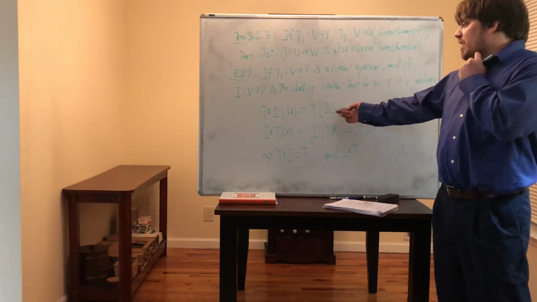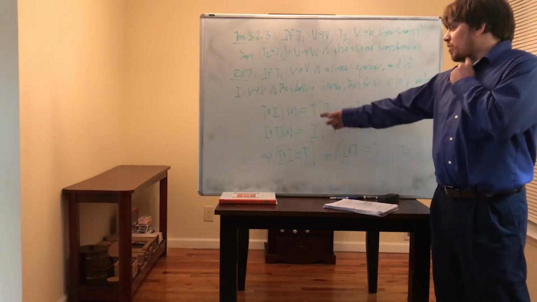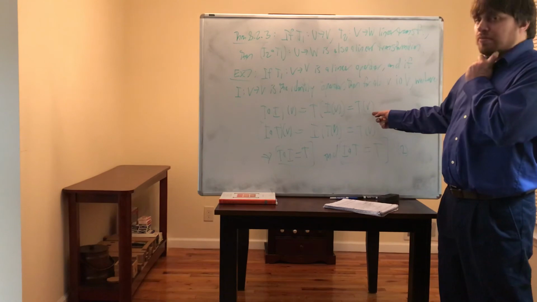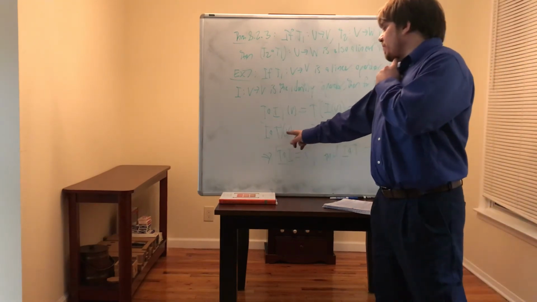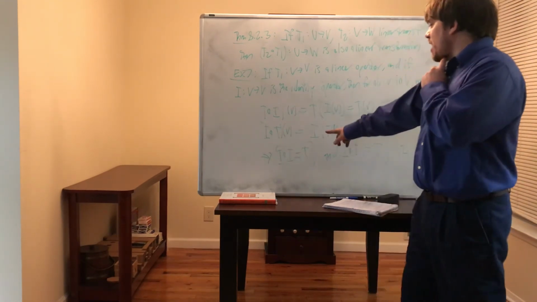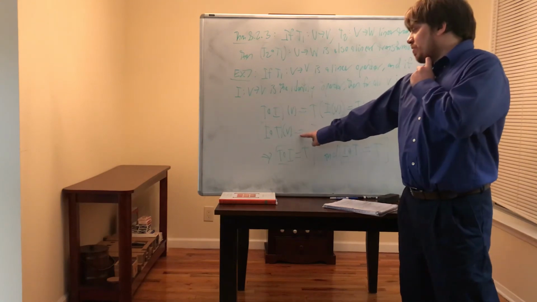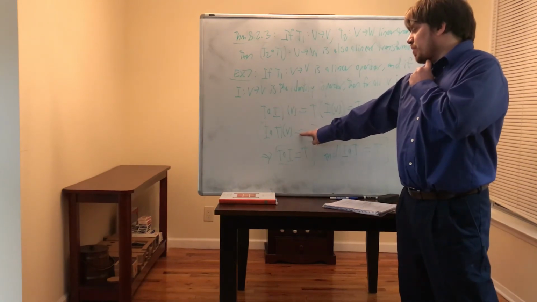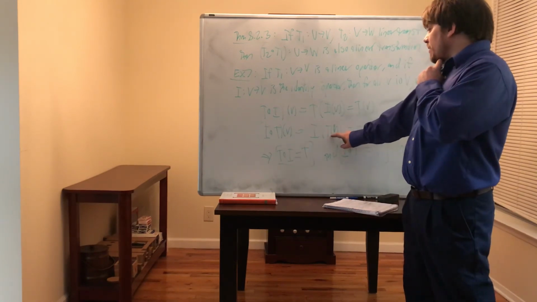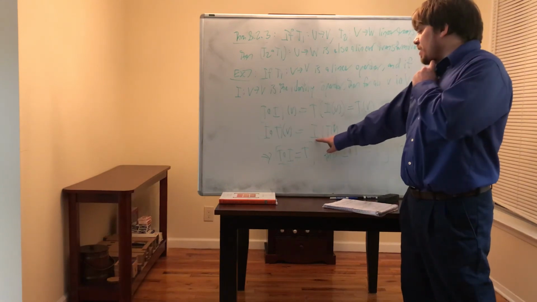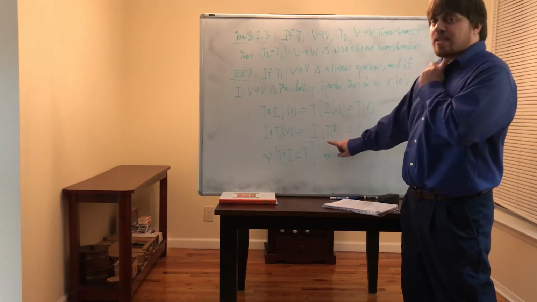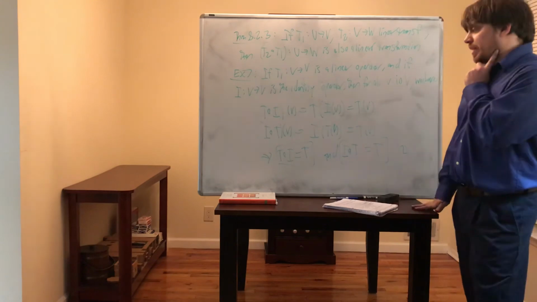But then I is the identity operator, so I of V is V, and so this is T of V. Here I composed with T of V is I of T of V by the definition of composition of linear transformations. But then I is the identity operator, so I of something is that something. So I of T of V is equal to T of V.